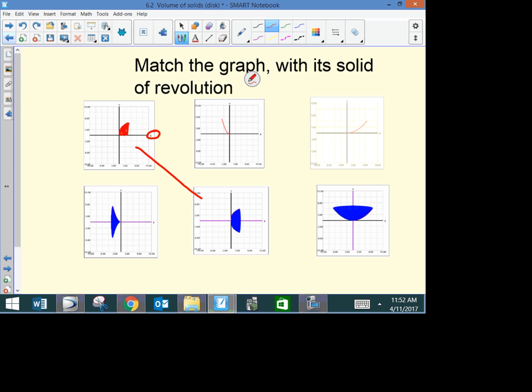What about this one? The first one. So this piece right here is right here. So your original area probably was this, and then you rotated it about the x-axis. So those match, so then we know this. You basically look at the line and see which side. Yes. Okay. So those two match.